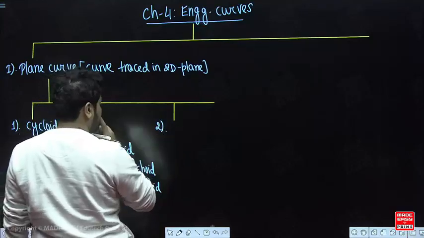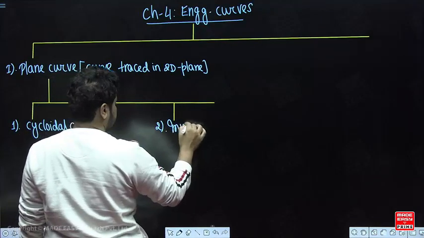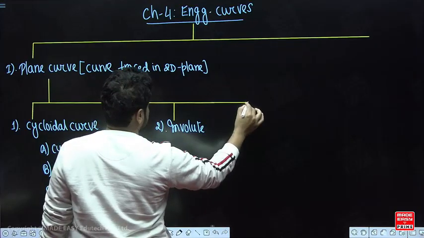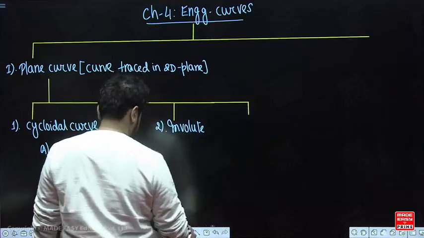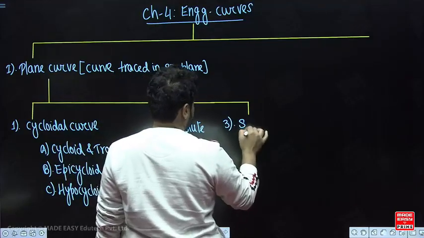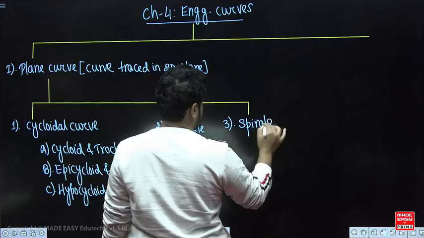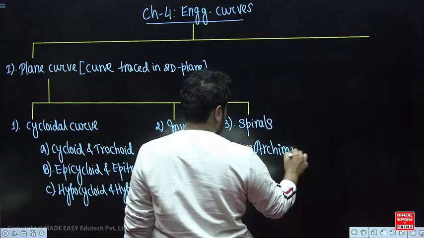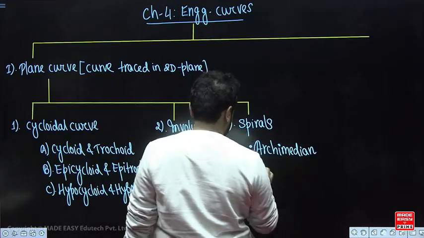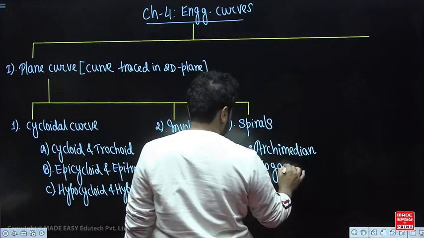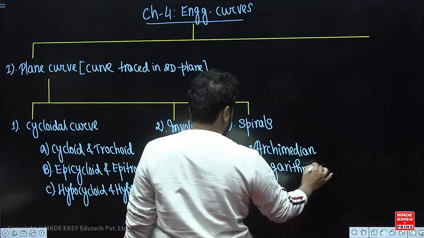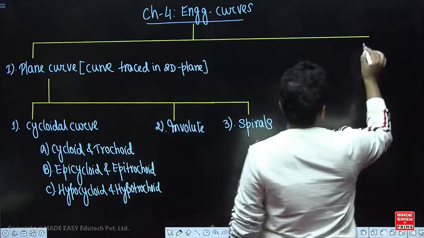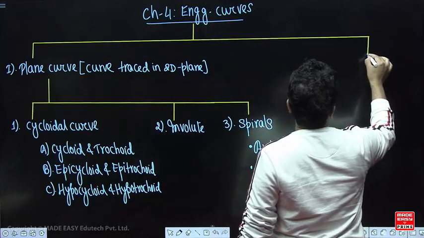Second one is called involute. Third one is called spirals. In spirals, we have Archimedean spiral, we have logarithmic, and we have golden. And finally we have space curve.